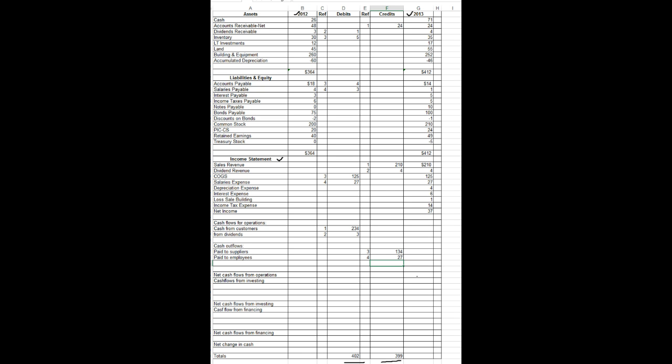What happened? 3 and 27 is 30. So I have had a math error. Salaries expense, let's work it through, of 27. That's a debit. And salaries payable of 3. That's a debit. 27 and 3 is 30.